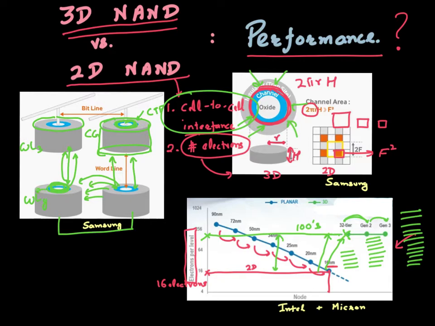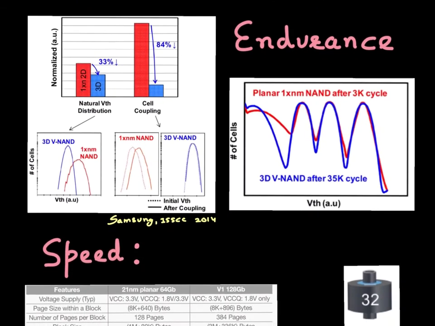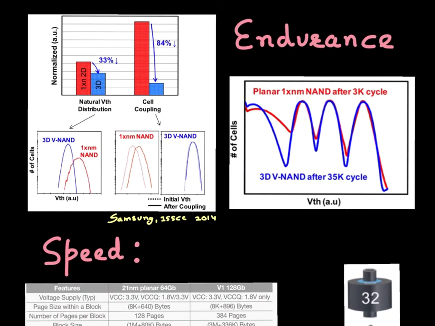But most of these field lines would terminate on the control gate, which surrounds this charge trap flash memory from all sides. As a result, both the number of electrons is higher and the cell coupling between two cells is significantly lower.